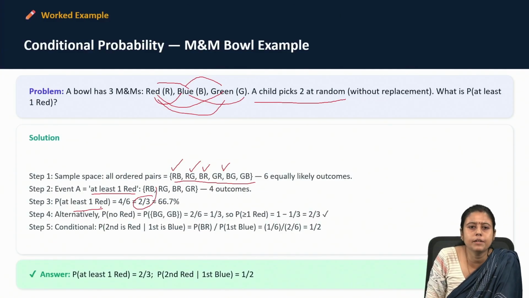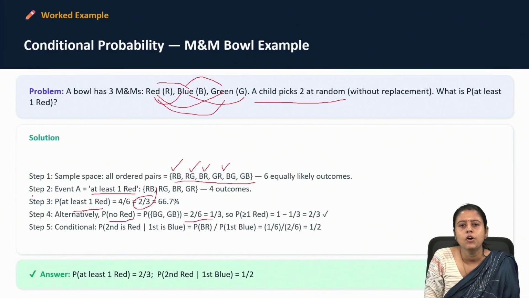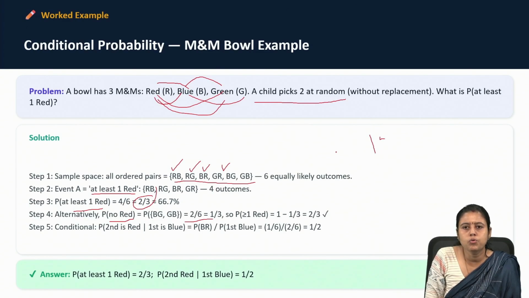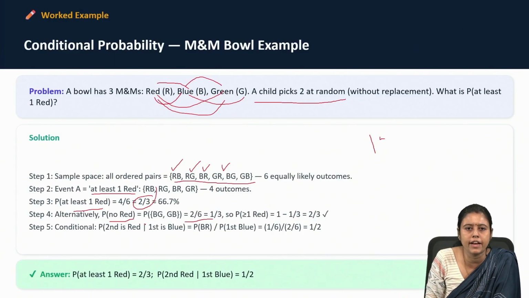Alternatively, the probability of no red is 1 by 3, where the child picks 2 with no red. We can also check this as 1 minus 2 by 3, which comes to 1 by 3. Alternative method; you can choose any one.